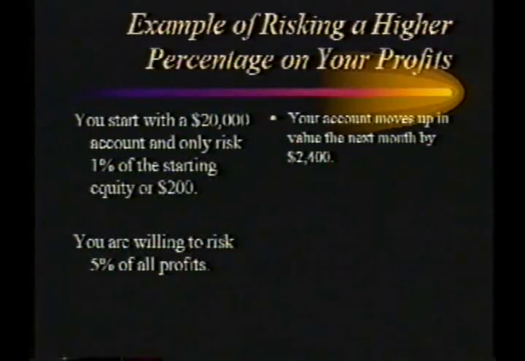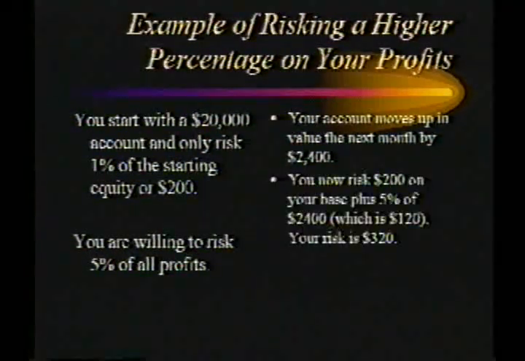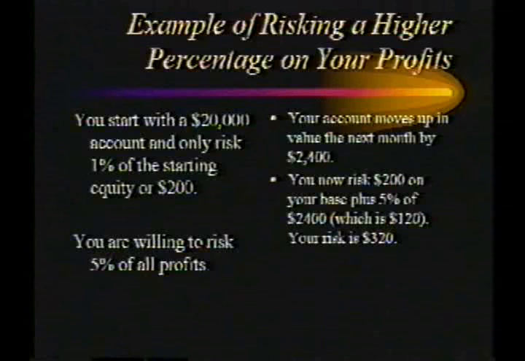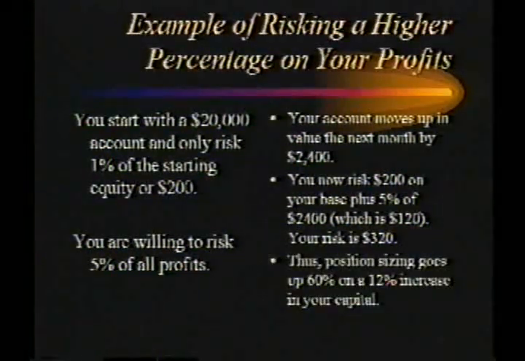$2,400 in profits. So now you're going to risk 1% of the base equity, still $200, but you're going to risk 5% of your profits, 5% of that $2,400, which is $120. $120 plus 200 is $320. So look how much your risk has gone up.